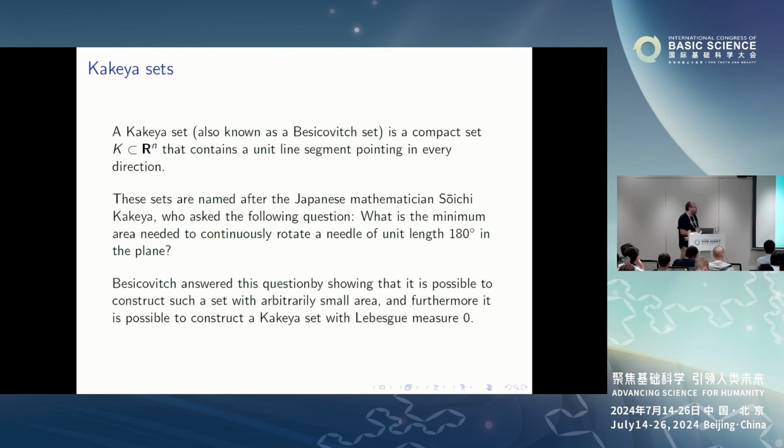Kakeya's original question was a little bit more delicate because he wanted to really continuously rotate the needle, whereas to have a Kakeya set, you just need to have the position of the needle without worrying about any continuity. And so when you take away this restriction about continuity, you're able to get this with measure 0. Okay.